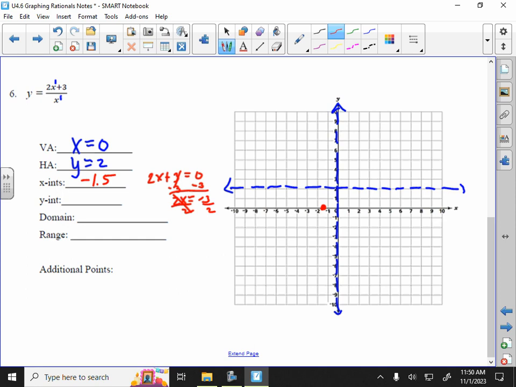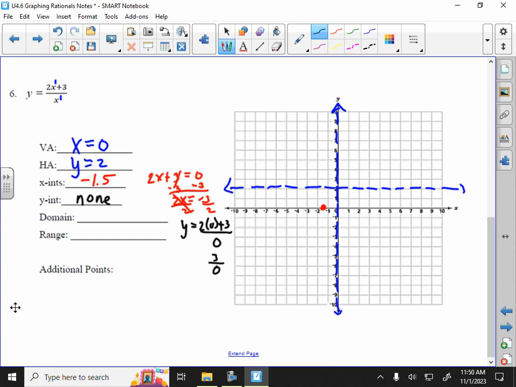Y-intercept, replace all the x's with 0, solve for y. So on top, 2 times 0 is 0, 0 plus 3 is 3. 3 over 0 you can't actually do, it's undefined. That means there's no y-intercept.